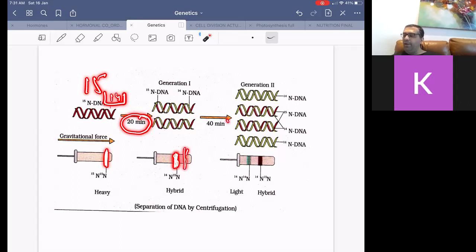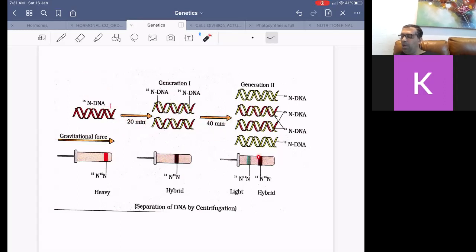They allowed it to replicate for another 20 minutes. After 40 minutes, they found DNA at a lower level or mid level as well as a higher level. So check this here.